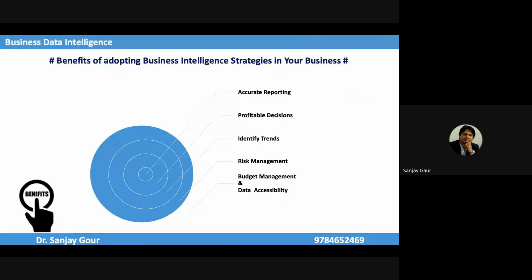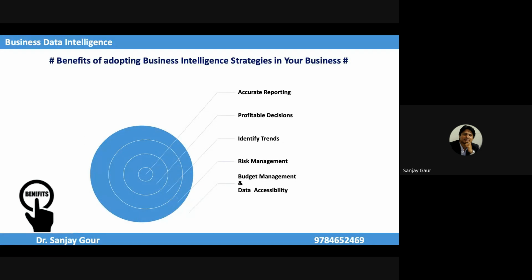Now, benefits of adopting a business intelligence strategy for your business. Why are we going for data analytics? Why are we going for data science? What is the final outcome of data analytics? That is accurate reporting, the first outcome of data science and data analytics. Next one is profitable decisions, an important section again.